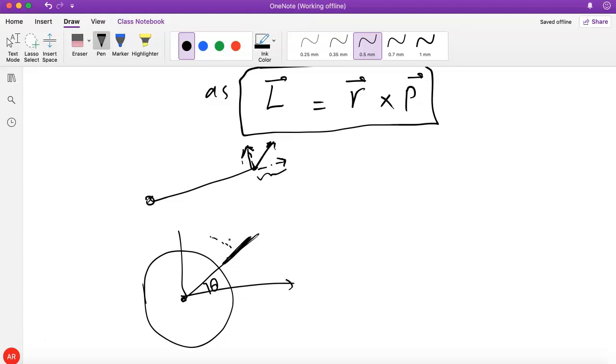But if you have a more general velocity, there's part of it that's in the radial direction, and that doesn't change the angle. And there's some part of it that's perpendicular, and that changes your angular position, so it contributes to your angular velocity. So that's a nice feature of this definition: the component in the radial direction, which doesn't contribute to angular velocity, doesn't do anything.